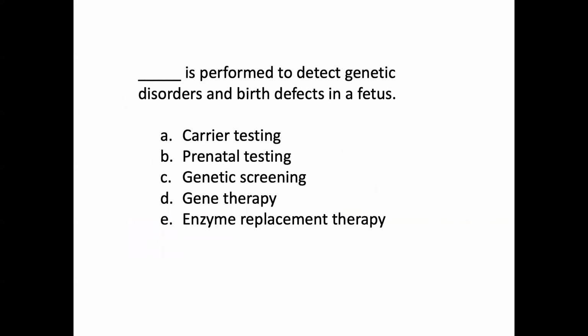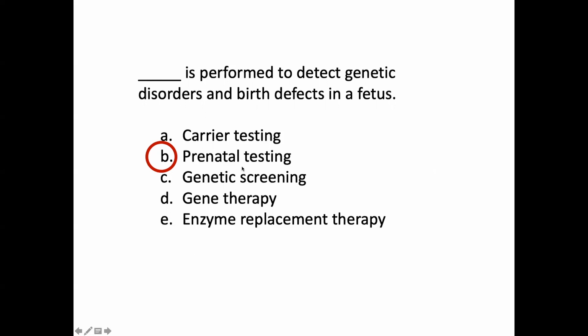Let's see, the last one. What is performed to detect genetic disorders and birth defects in the fetus, all right? Detect a genetic disorder. What is this? So apparently this is B, prenatal testing. So this is pretty straightforward. Carrier testing, genetic screening, gene therapy, and so on.